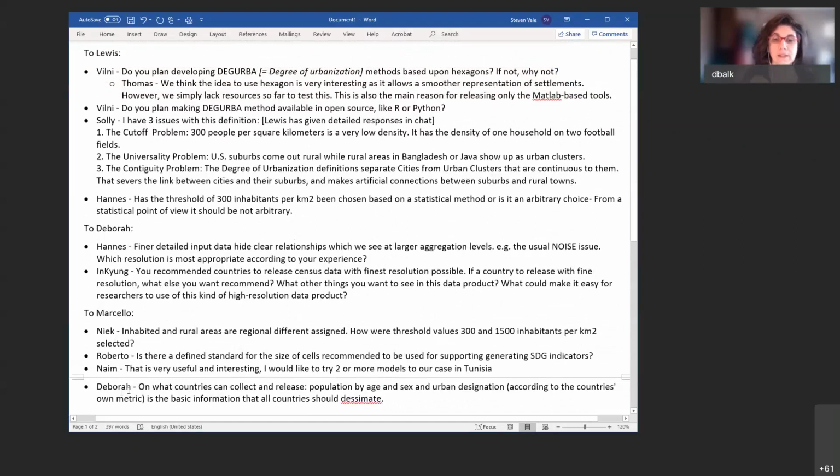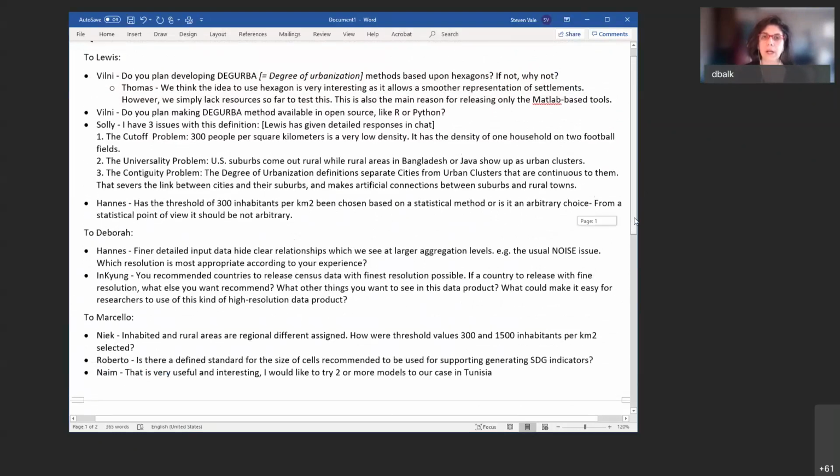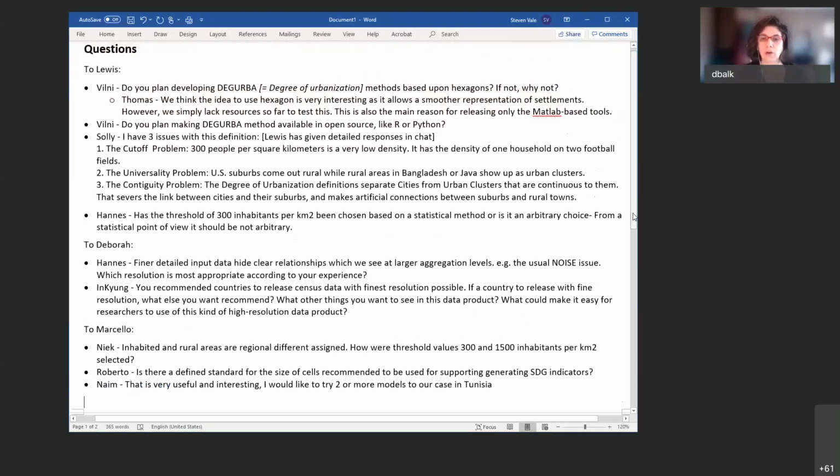But this other question I missed, on the finer input data: one of the reasons for having the finest units is so they can be reorganized and aggregated. There will be times when the finest resolution data are problematic, or there are precision issues associated with them.